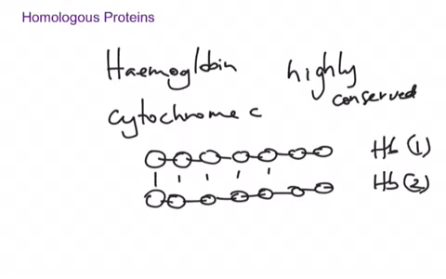And again, it would be kind of common sense to say that the more amino acids there are in common in a hemoglobin molecule, the greater the relatedness between the two species here.